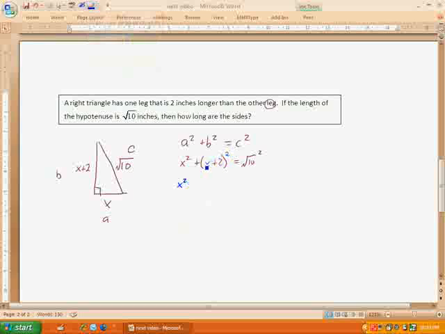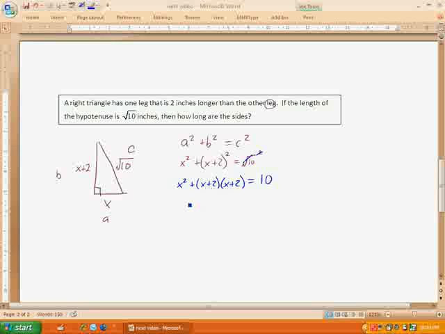Now here, when I square this, remember you cannot distribute the squared if there's a plus or minus here. What does squared mean? It means times itself. That's exactly right. So we need to write down x plus 2 times x plus 2, and we have to FOIL that. Now here, that root and the squared are going to cancel each other out, right? So this is going to be equal to 10.